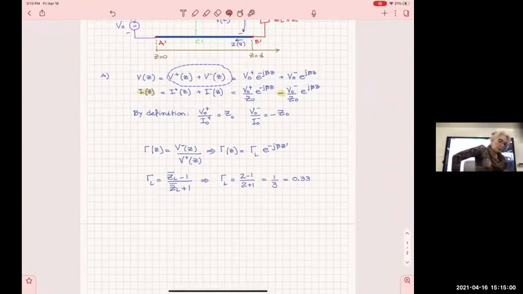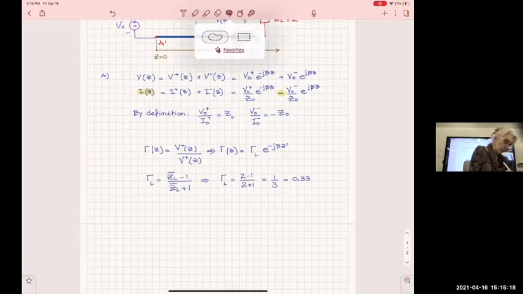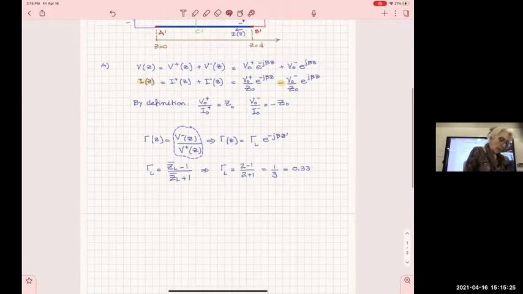And we can do that. You can select any one, but since we have this relationship here, I can use this and rewrite V of Z, obviously.